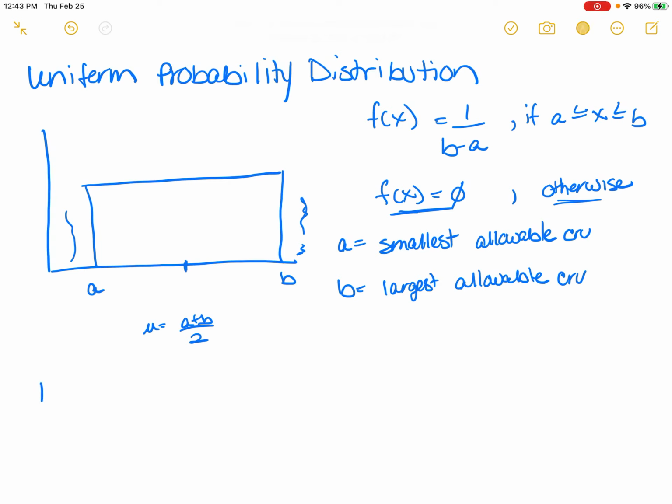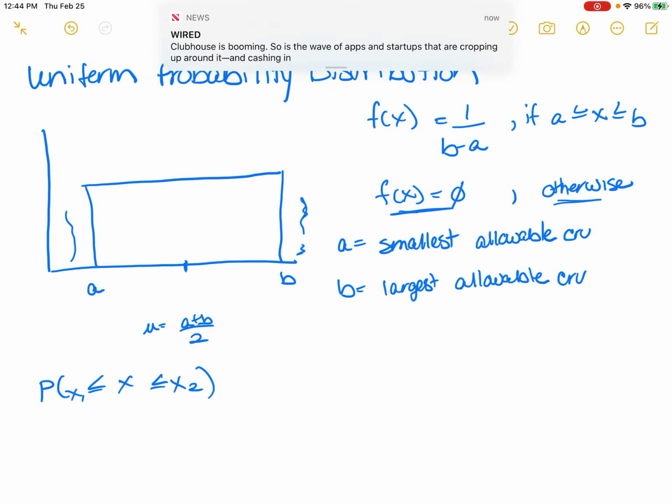So when we're calculating this, we're looking at the probability of x being between, I think the book calls it x1 and x2. And that x1 and x2 are going to fall between, greater than or equal to A and less than or equal to B, right?